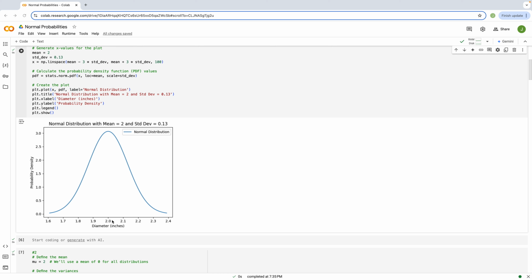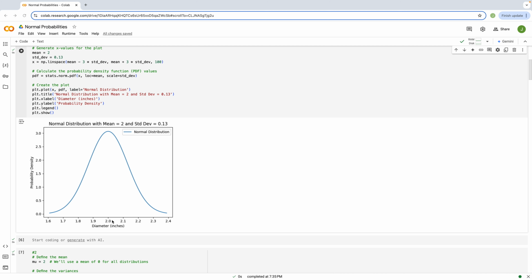The peak corresponds also with the average, and it's also the most likely outcome because any interval containing that peak has the most area and hence the most probability. So that's one characteristic of a normal distribution that would be desirable for this company.